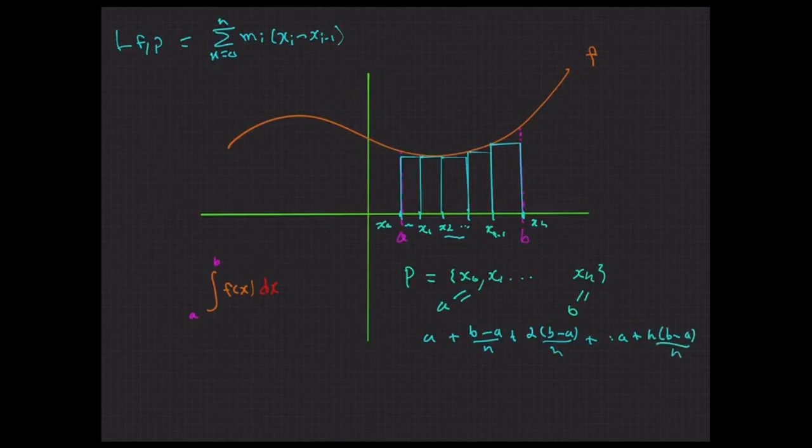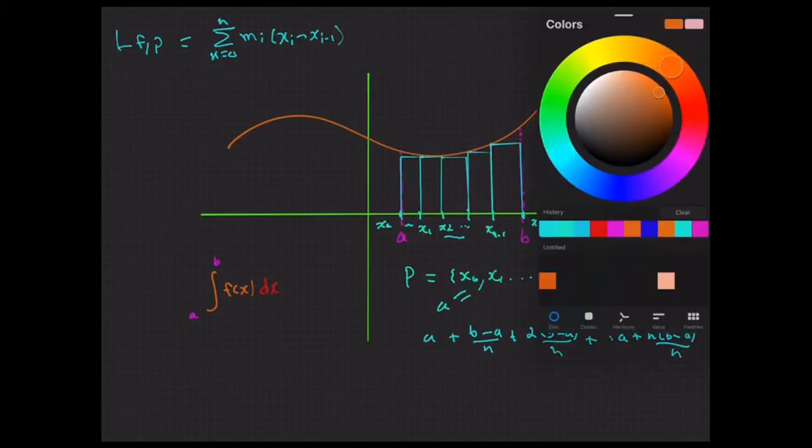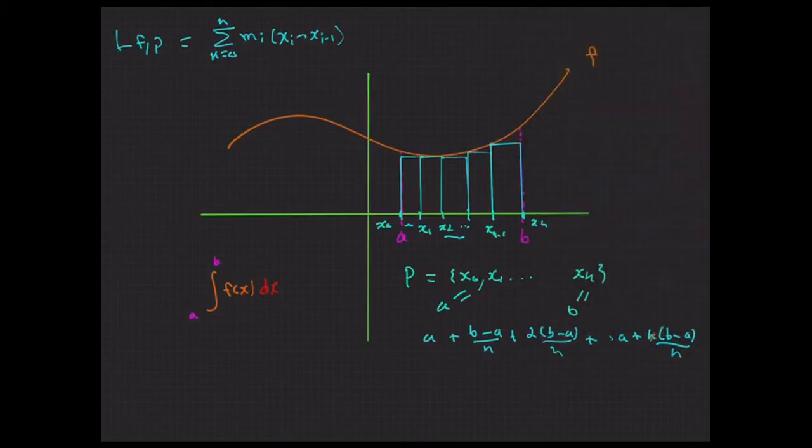Well, the n's are actually going to cancel, and I get a plus b minus a, so it's actually just b. This a was secretly a plus 0 times (b minus a) over n.